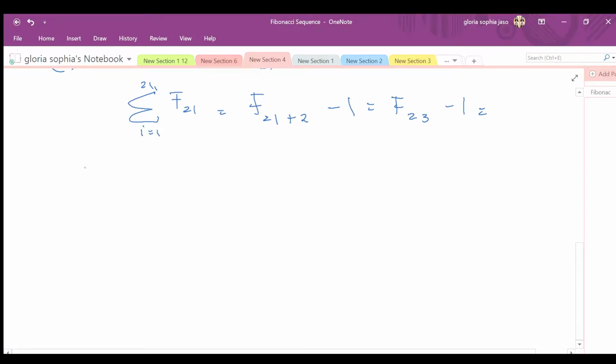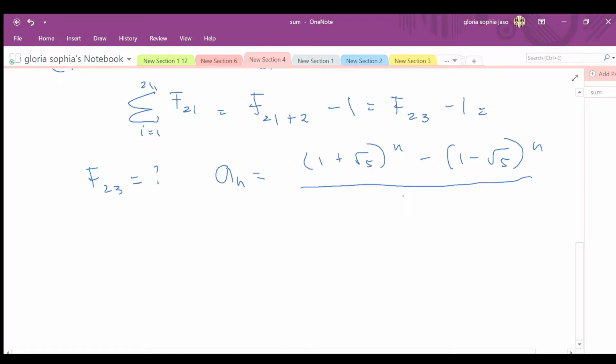Kunin muna natin siya. So f sub 23, kunin muna natin siya. So yung formula natin dun, class, is a sub n equals 1 plus square root of 5 raised to n minus 1 minus square root of 5 raised to n all over 2 raised to n times square root of 5.